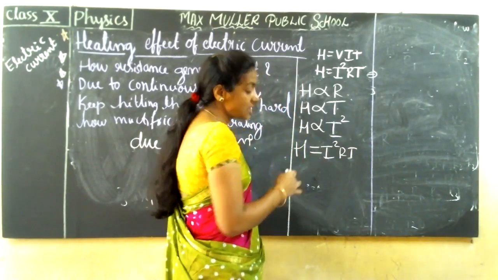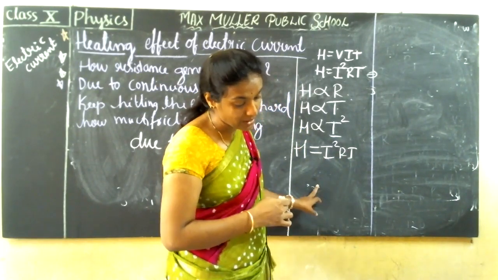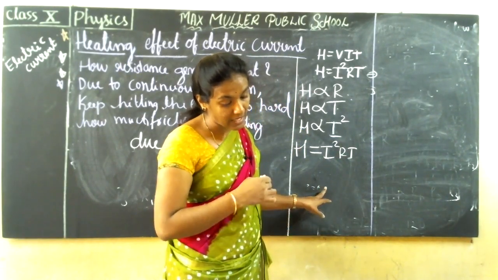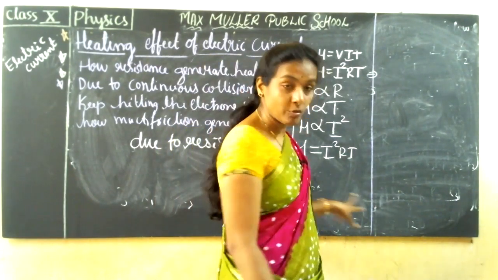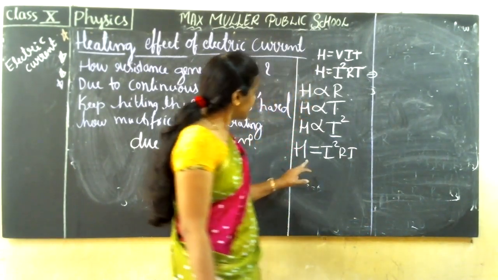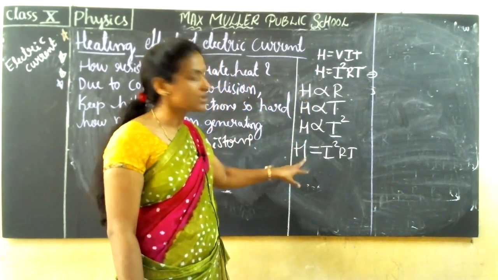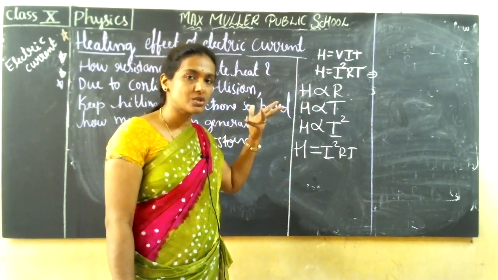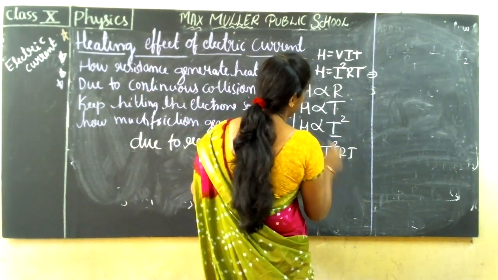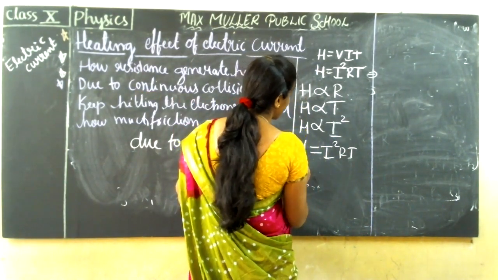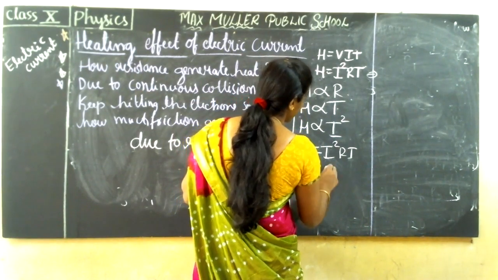By using this, we can solve numerical problems, and let us find multiple variations which can be used in numericals. How? Let us see. H is equal to I square RT. I square, can I write I into I?